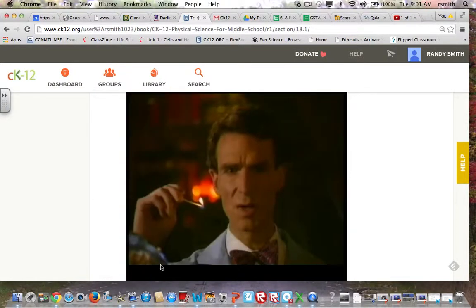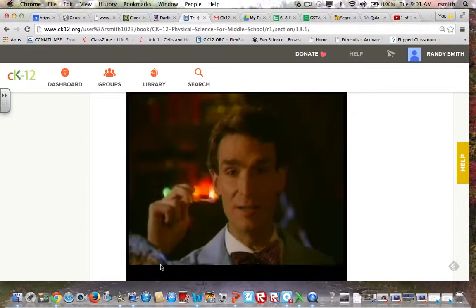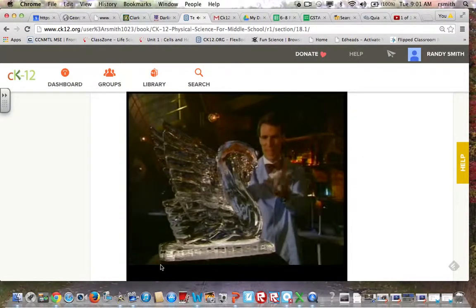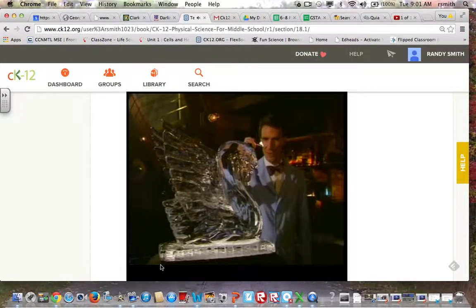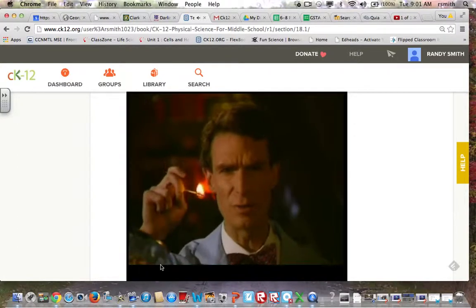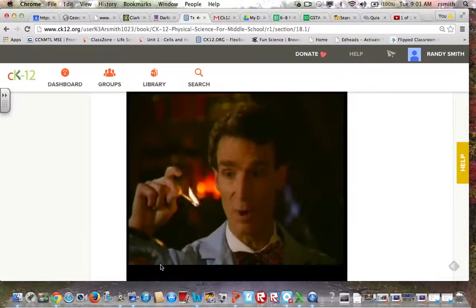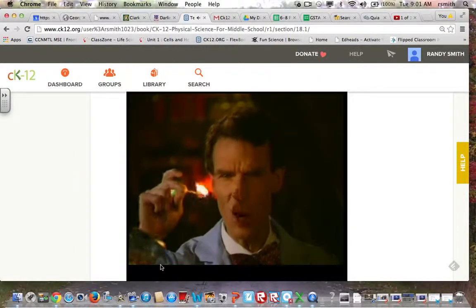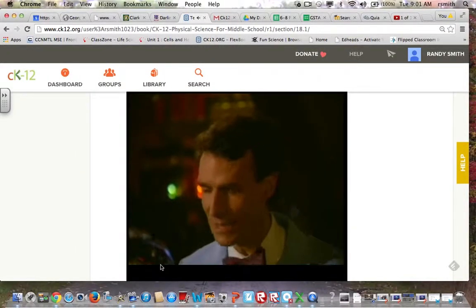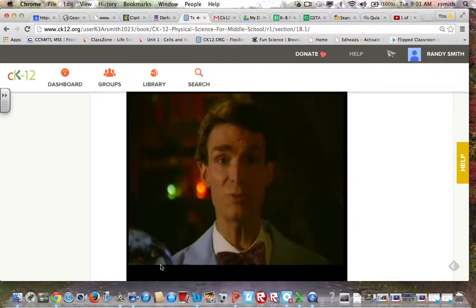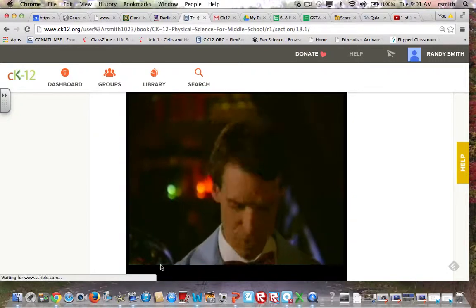Here's a question. Which has more heat energy? This hot burning match or this beautiful ice sculpture of science? Well, the match is hot, right? The sculpture's cold. Well, they're both made of molecules, right? But which has more molecules? Well, the ice sculpture. A lot more molecules. So although they're much colder than the match, they actually have more heat energy. More molecules, more heat energy. Think of it this way.